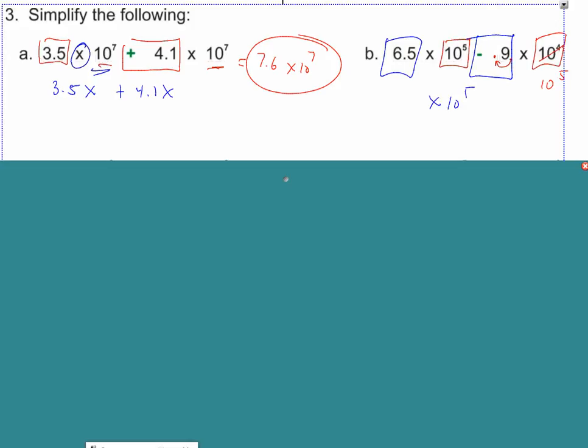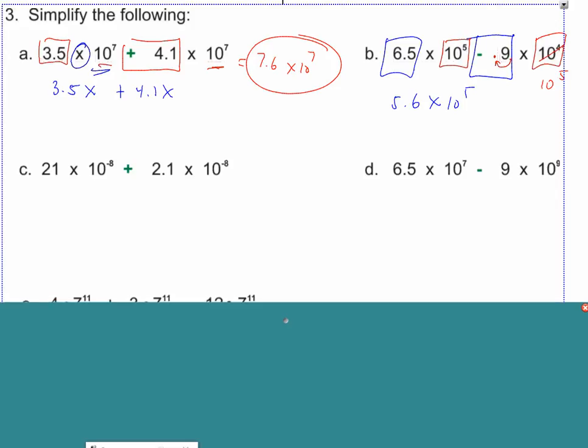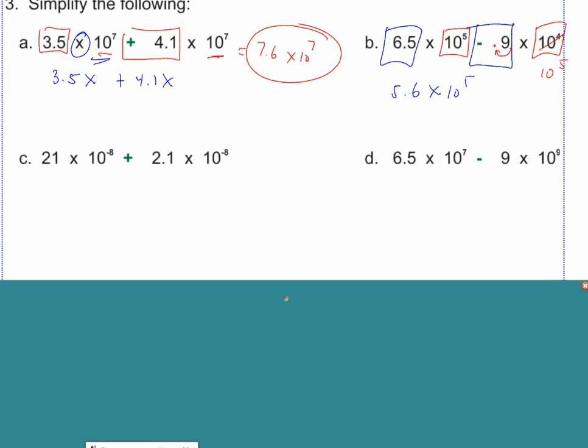It's 6.5 of them minus 0.9 of them, and hopefully you say 5.6 of them, right? 5.6 times 10 to the 5th. By the way, you can also put your calculator in the scientific notation, but most of you need to learn how to use your calculator, so you really don't know how to do that either. But you should know these concepts, and then you can handle everything.